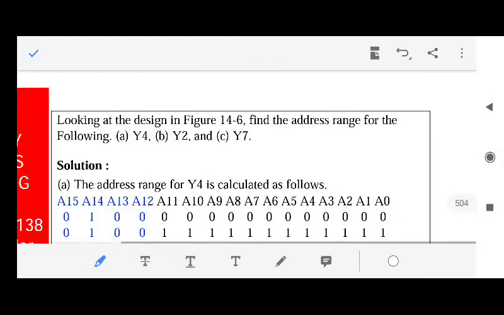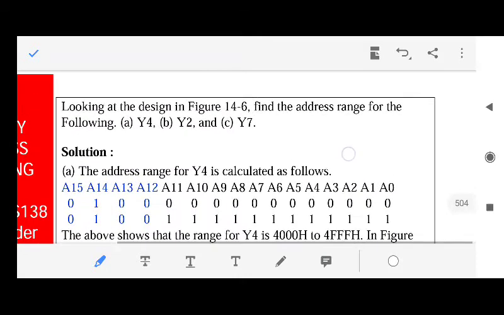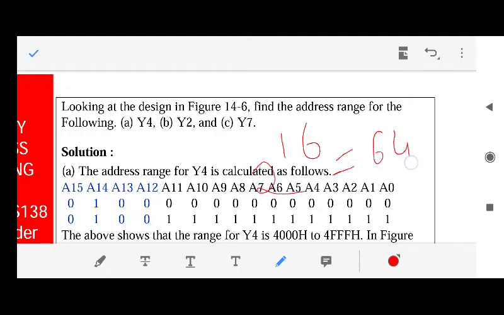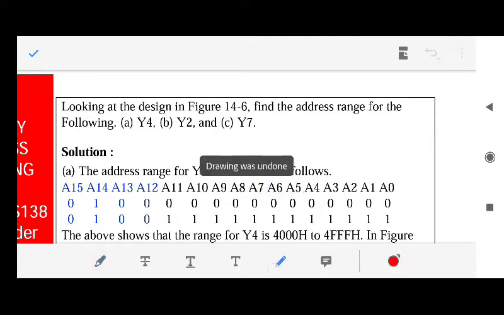There could be questions from this. For example, if I wanted to find the address range. Since the 8051 supports 64 kilobytes of address, using the 16 address lines, it can support 2 to the power 16, that is 64 kilobytes of address. But it is not using the entire address lines.